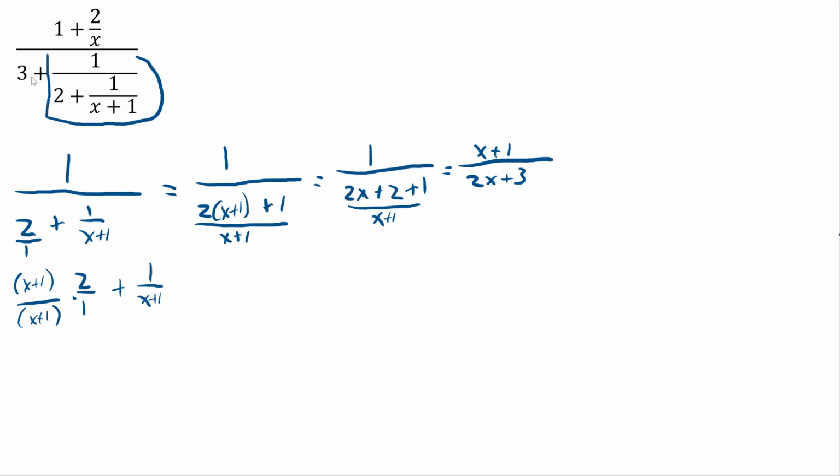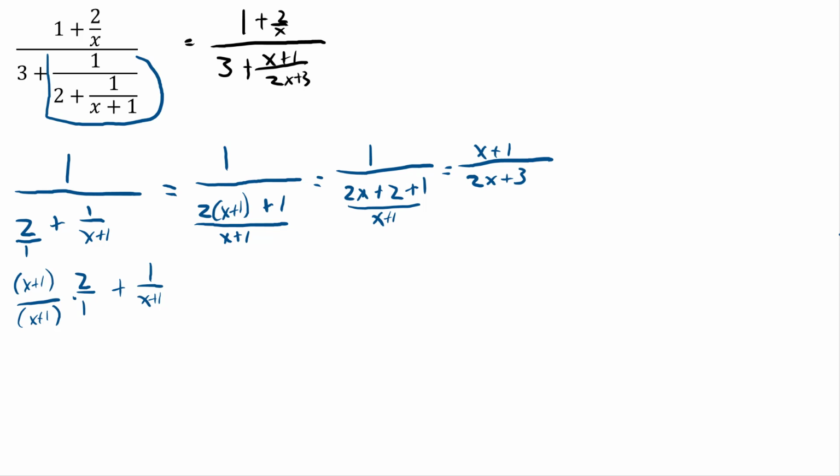we'd have 1 plus 2 over x all over 3 plus x plus 1 over 2x plus 3.